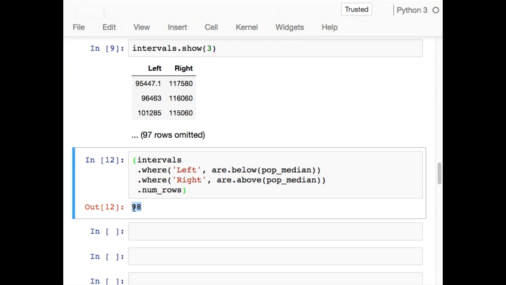Now, I didn't ask you guys to run it. But if you guys had run this yourself and waited with me for the whole thing to run, some of you would have gotten like 92. Some of you would have gotten like 97. Some of you would have gotten like 94. But the average number of intervals that contain the population median would have been 95. Okay? And that's related to the fact that we took the middle 95% of our medians.